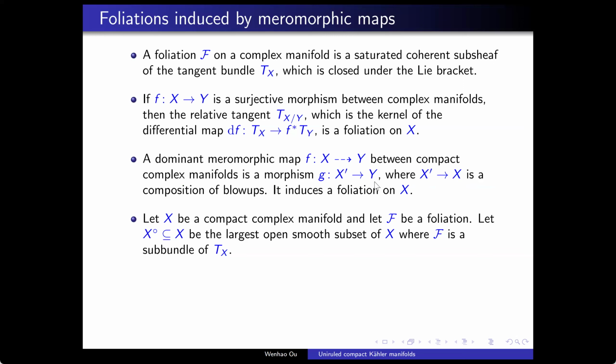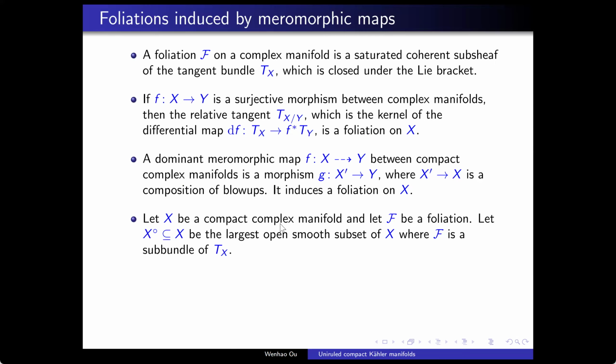So this foliation is very closely related to the birational geometry of X. Indeed, foliations induced by meromorphic maps are in one-to-one correspondence with meromorphic maps on X. In this situation, if the foliation is induced by a meromorphic map, and if X is a projective variety, we say that this foliation is algebraically integrable.